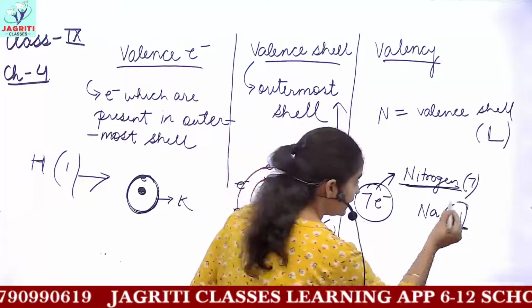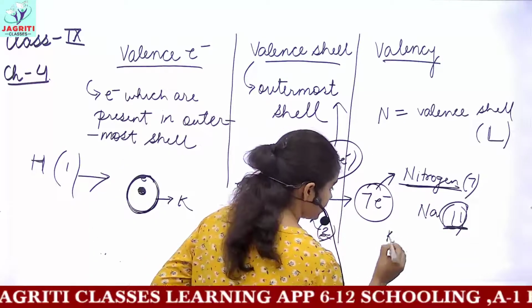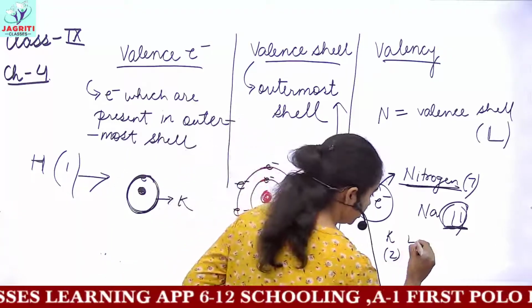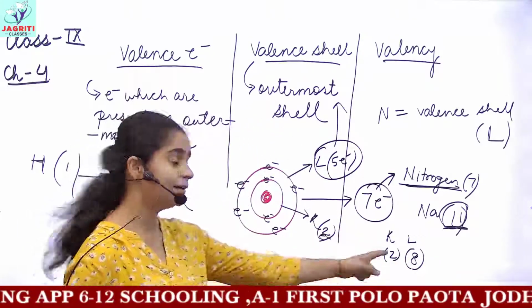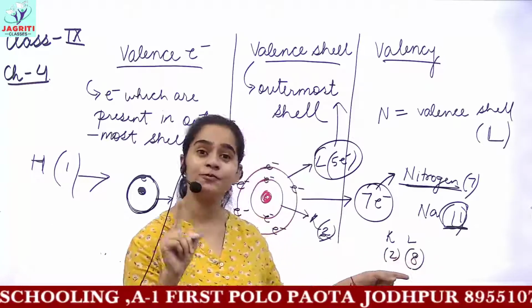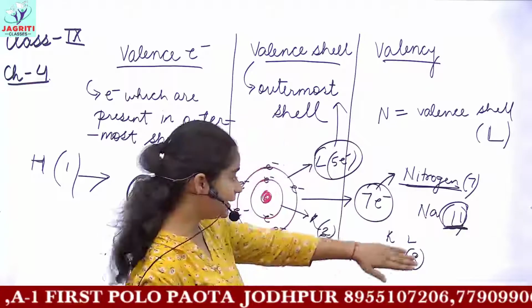So how would I arrange these 11 electrons? First 2 electrons will go in your K shell. In the next shell, the maximum number of electrons which can be occupied is 8. So 2 plus 8 gives you a total of 10 electrons. Now here we have 11, and 10 I have already arranged.